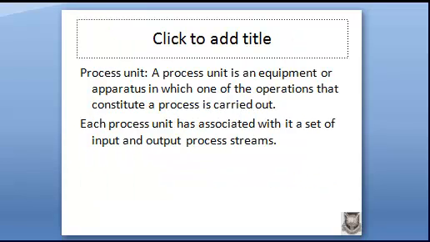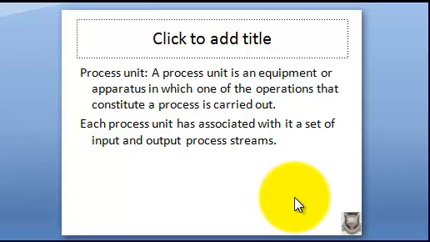A process unit is an equipment or apparatus in which one of the operations that constitute a process is carried out. Each process unit has associated with it a set of input and output process streams, which consist of materials that enter and leave the units.